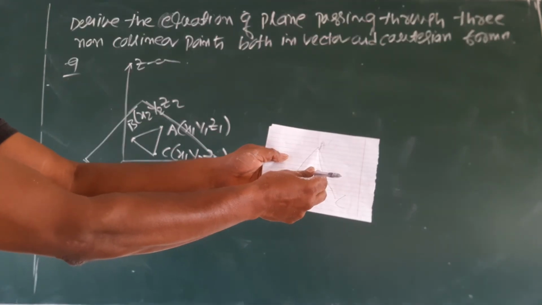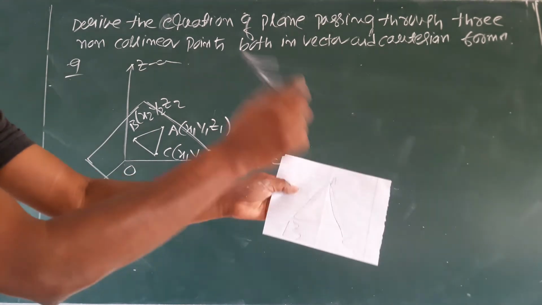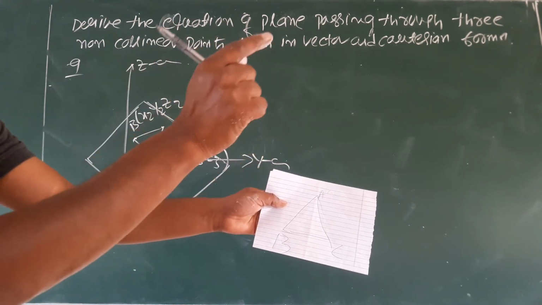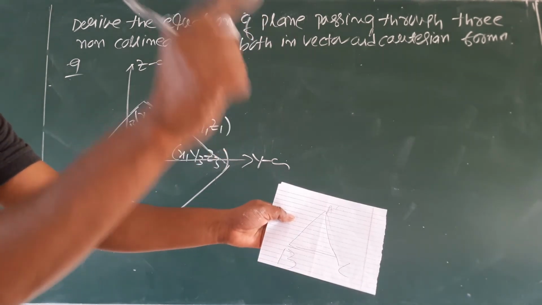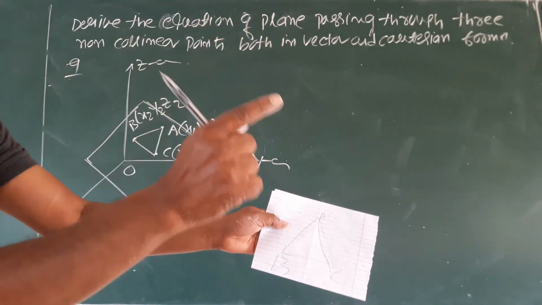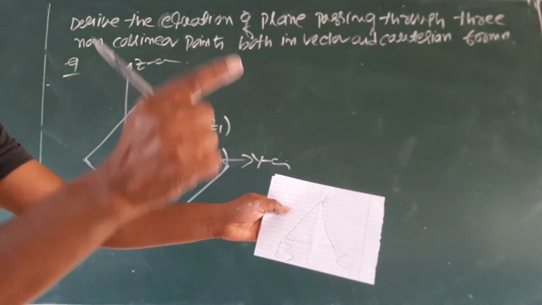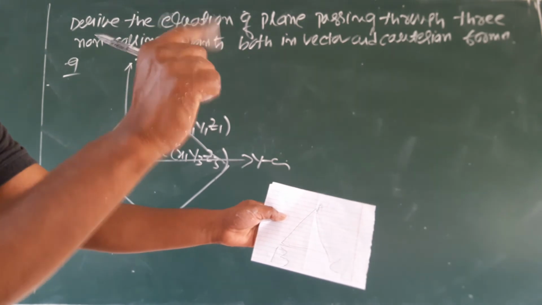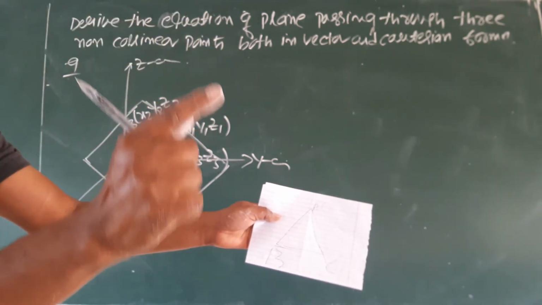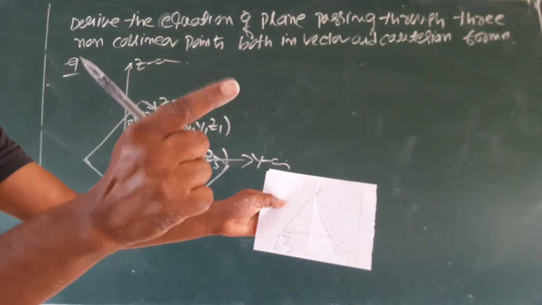The pen represents AB cross AC. You learned in the vector chapter that vector a cross vector b is always perpendicular to both vector a and vector b.